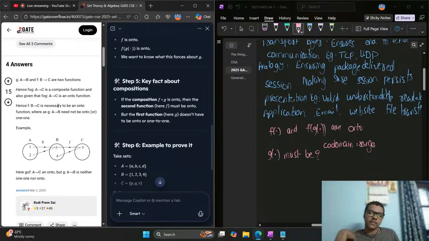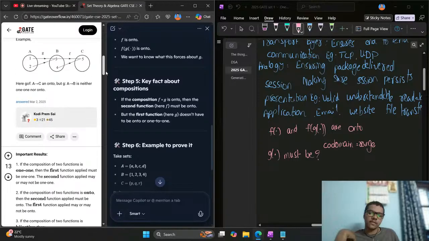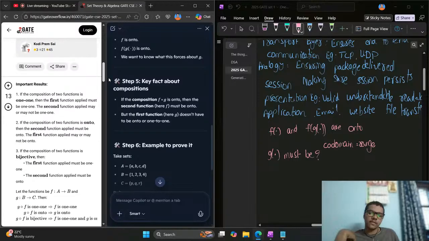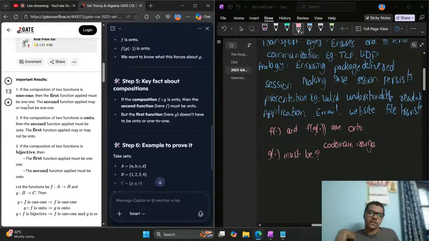If the composition is onto, the second function must be onto, whereas the first need not be onto or one-one. If the composition of two functions is one-one, then the first function applied must be one-one.